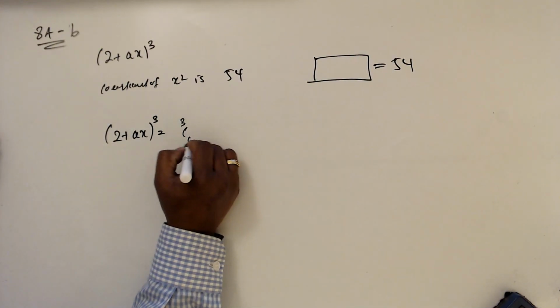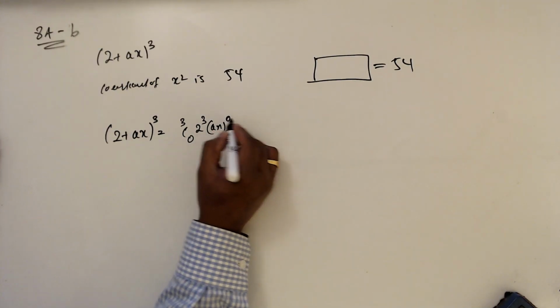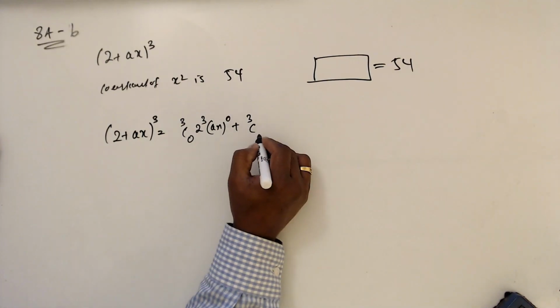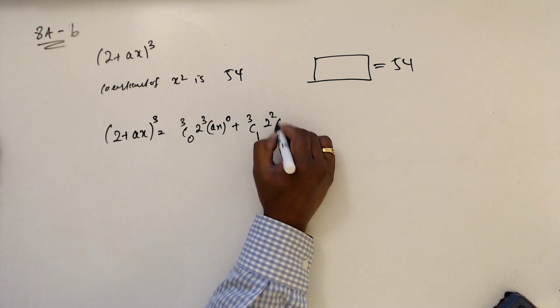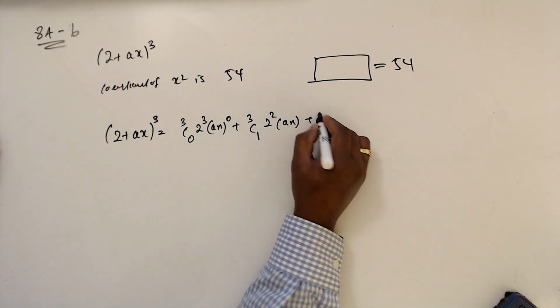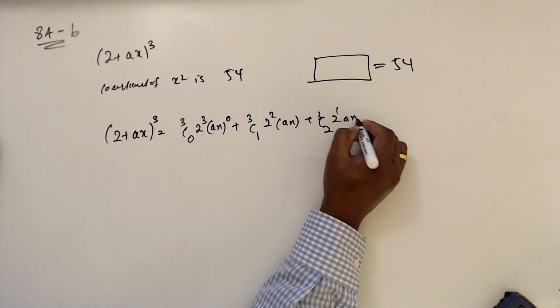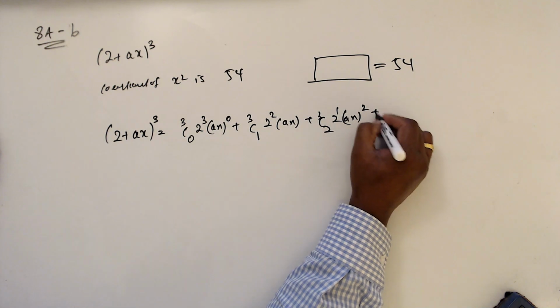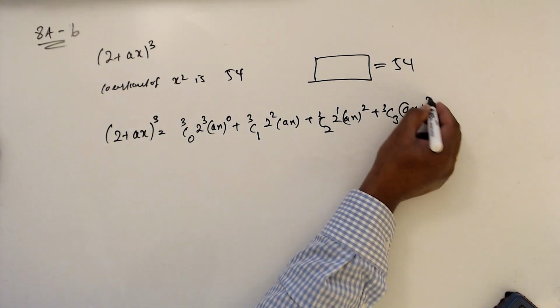3C0, 2 to the power 3, ax to the power 0, first term. 3C1, 2 square, ax. 3C2, 2, 1, ax square. 3C3, ax cube.